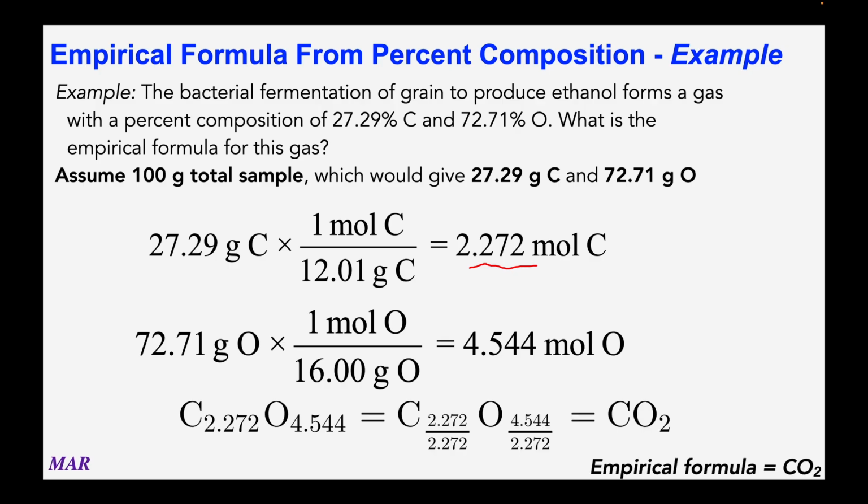When you do that, 2.272 divided by itself is 1, 4.544 divided by 2.272 is 2, empirical formula CO2. So this is carbon dioxide, which has been created. So this is the idea with percentages. Percentages: assume 100 grams, grams to moles, compare the moles. Good to go.